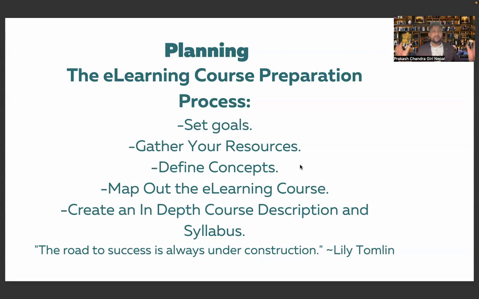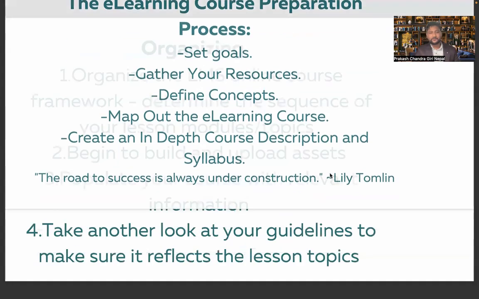Map out the learning course. Create the syllabus, a plan, units, subunits, subtopics. Lily Tomlin says that the road to success is always under construction. So the planning process is a very powerful way to design any kind of on-demand or online courses.